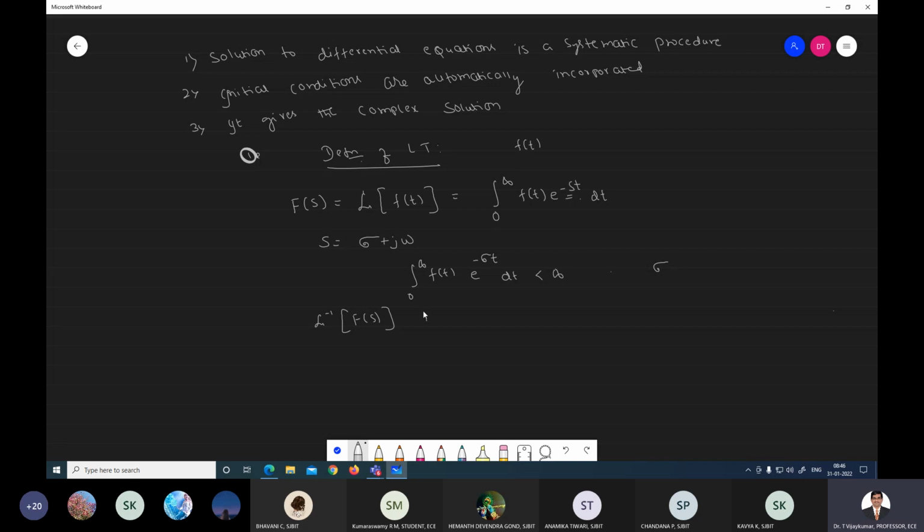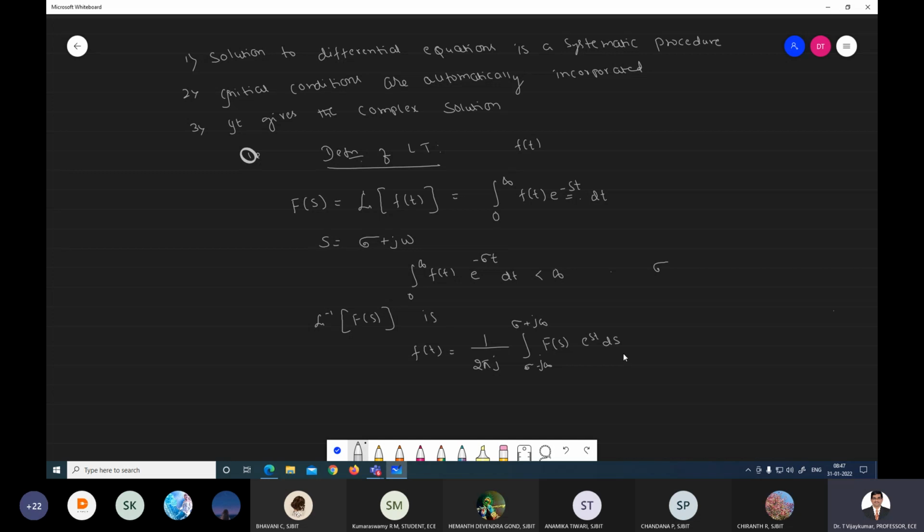That is, f of t is equal to 1 by 2 pi j integral from sigma minus j infinity to sigma plus j infinity of F of s into e to the power of st into ds. Here sigma is the real part of s. Understood?